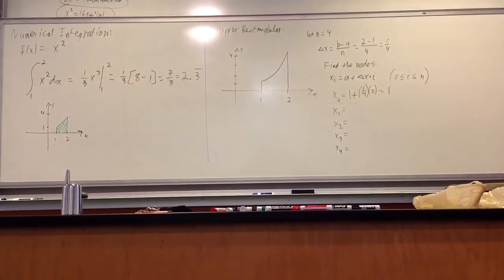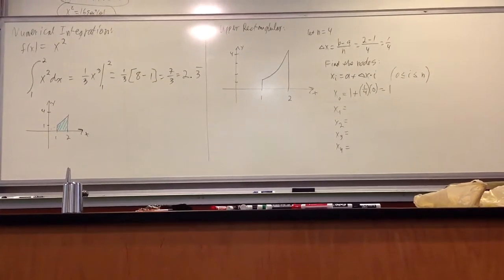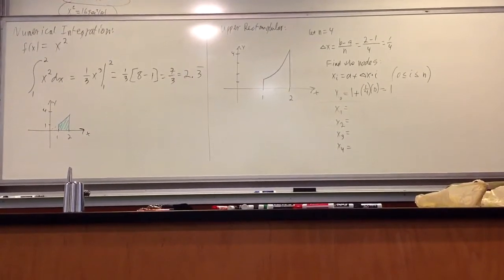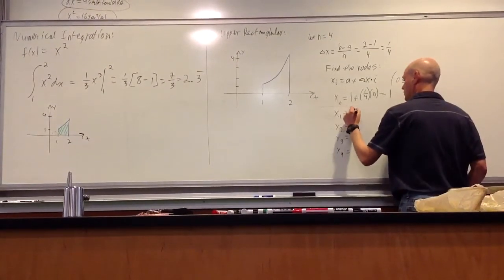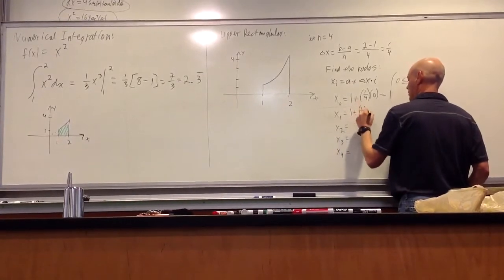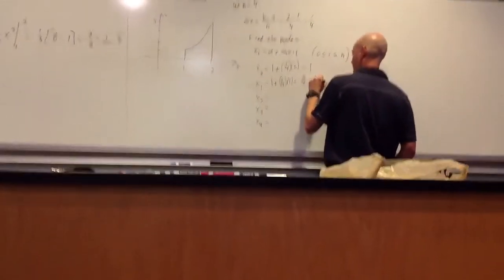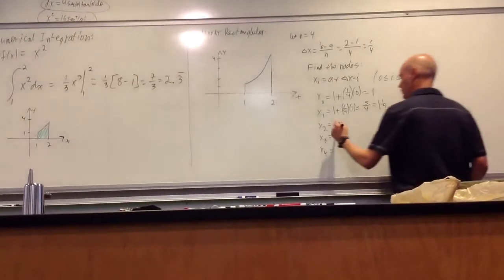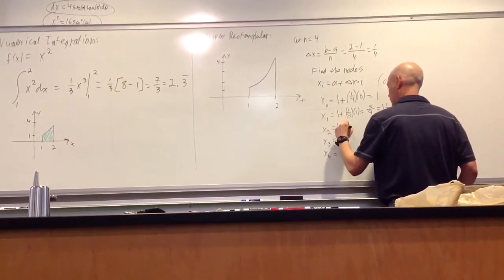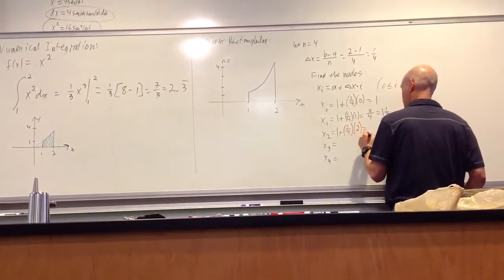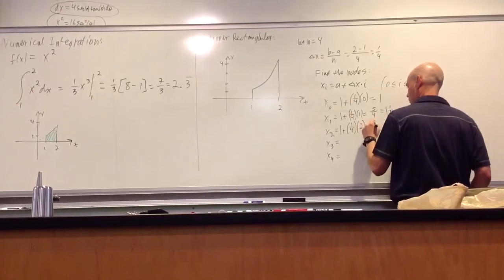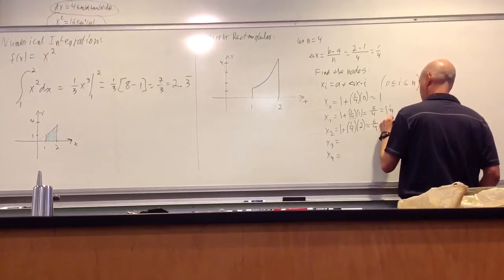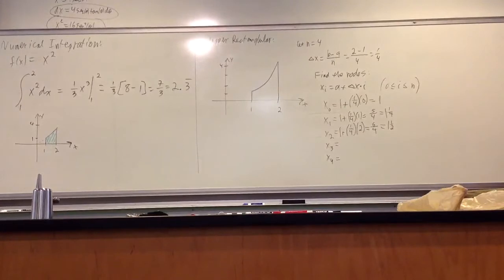X naught is always A. X sub n is always B. I'm going to let you fill in the rest.